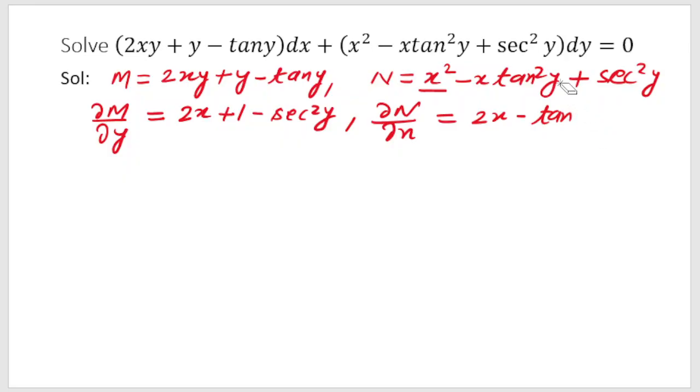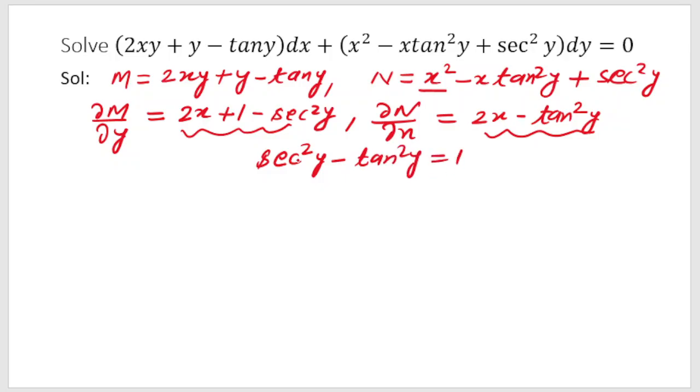Let me write it better. So here we have tan square y. Did you notice this term does not look like this term, but do you think that they are equal? In your trigonometry class you must have studied this result, that sec square x, here I am writing y, so sec square y minus tan square y is equal to 1, and here we have 1 minus sec square y.